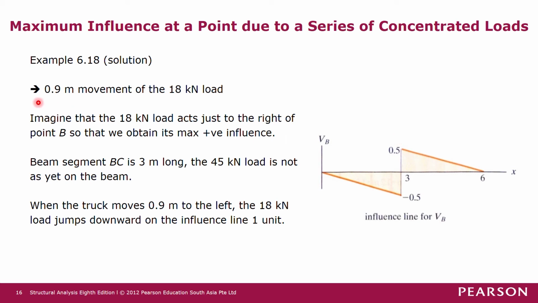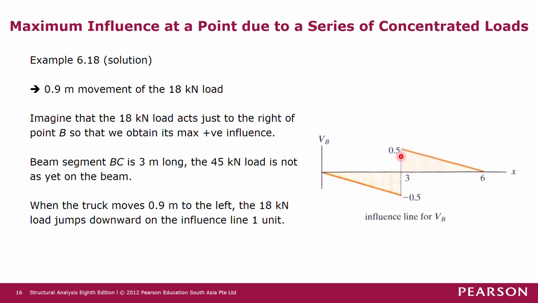Now we want to study the effect of the 18 kilonewton load moving by 0.9 meter on the beam from right to left. Imagine that the 18 kilonewton load acts to the right of point B, so that we obtain its maximum positive influence here.